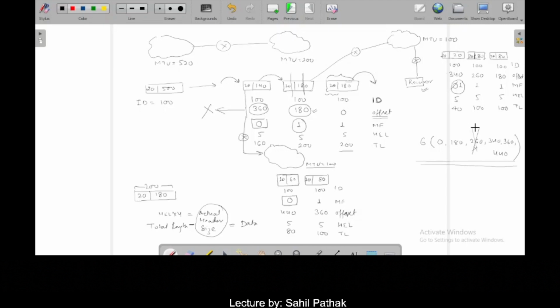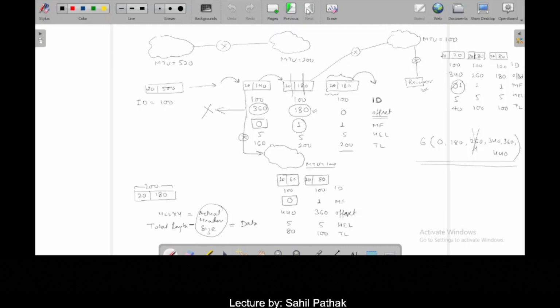How is this going to be checked at the receiver end? How will the receiver check this? Think about it. How will it catch that no fragment is missing here? Are you getting my point?